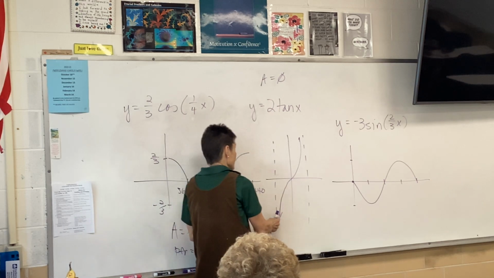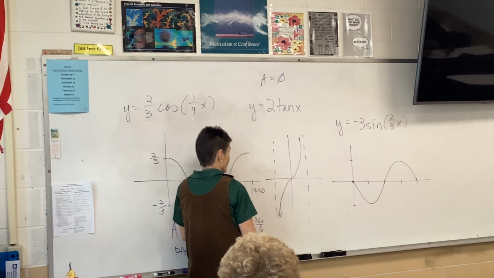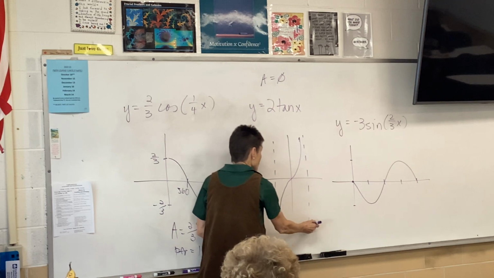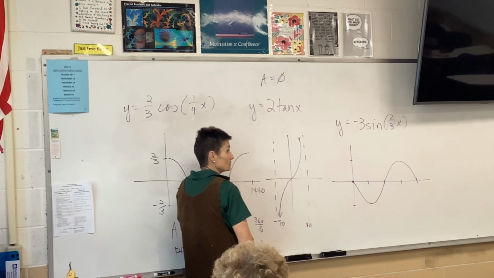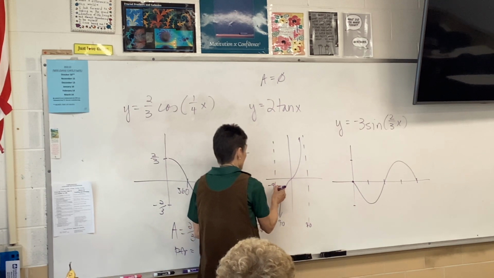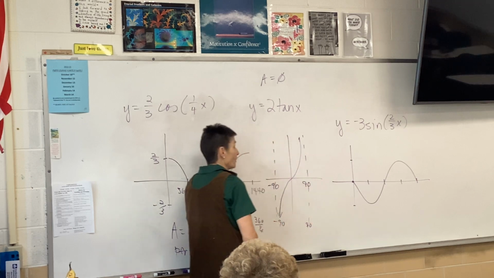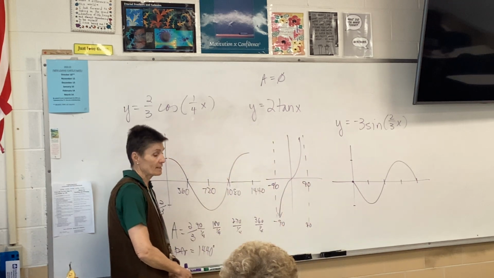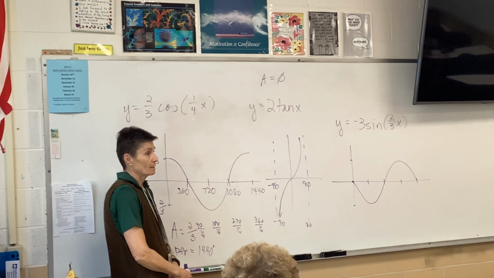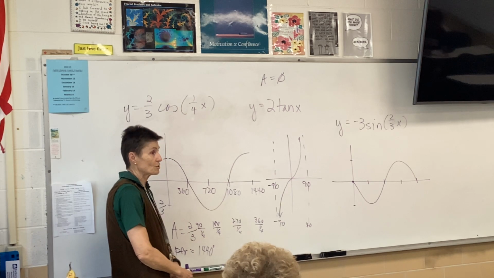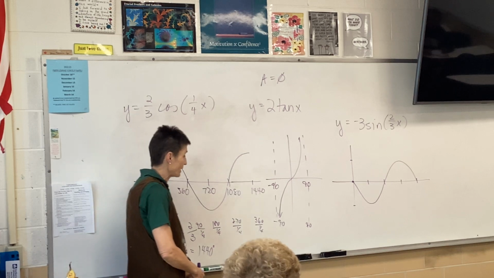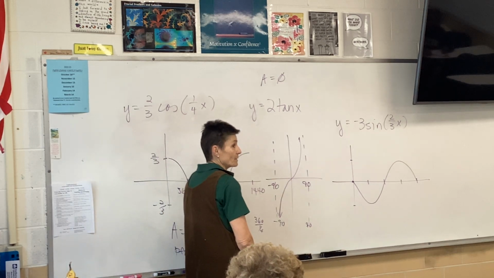What are these labels here supposed to be? Did I do anything to change those? No, I didn't. So those are it, negative 90 to 90.